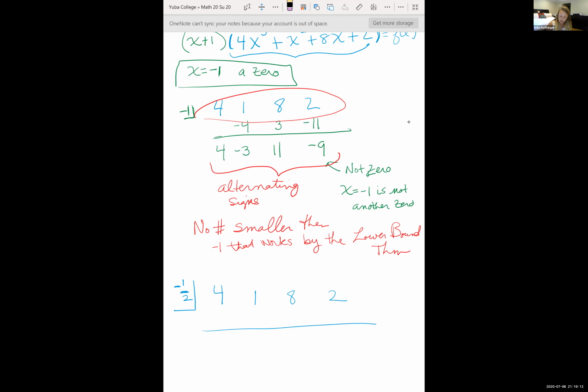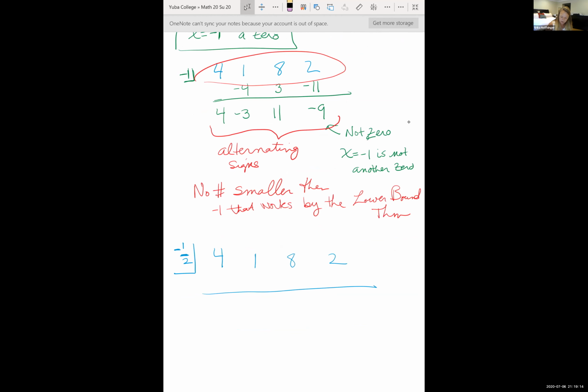Let's bring down our first number, 4. 4 times -1/2 is -2. 1 minus 2, that is -1. -1/2 times a -1 is 1/2. So get a common denominator.